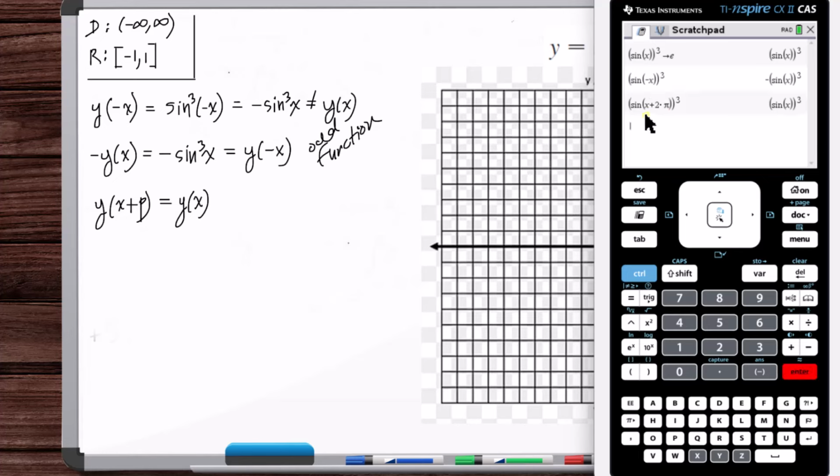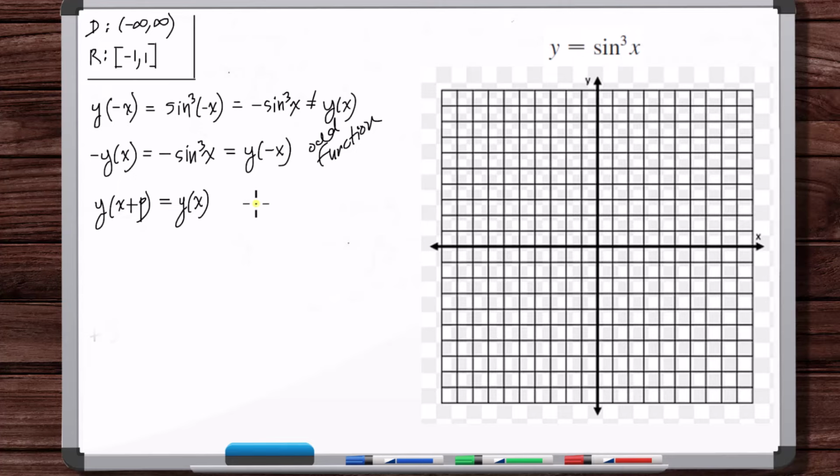Yeah, there you go. So this is periodic with p equal to 2 pi, which means that y of x plus 2 pi is equal to y of x. Okay, so I wanted to do that first because you'll see why.